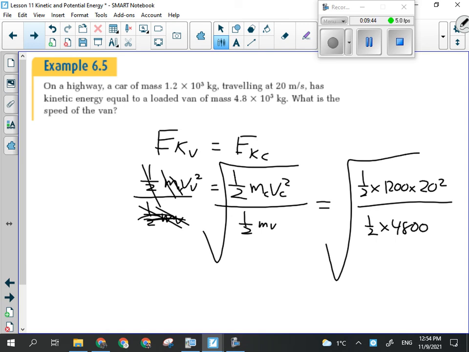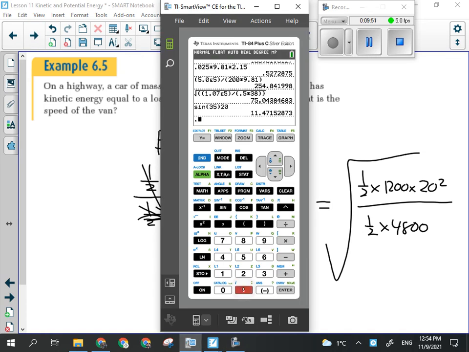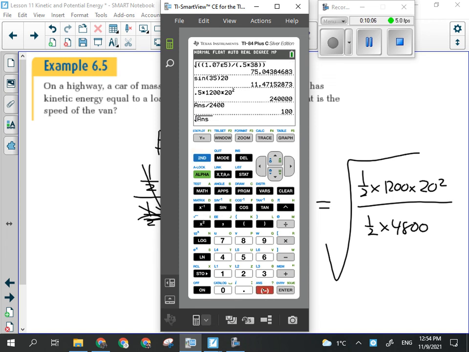Let's just make sure. 10 meters per second, half as fast as the car.